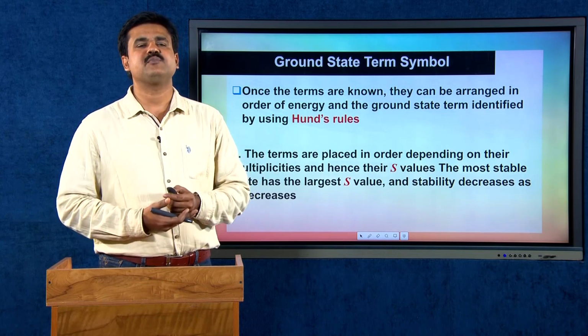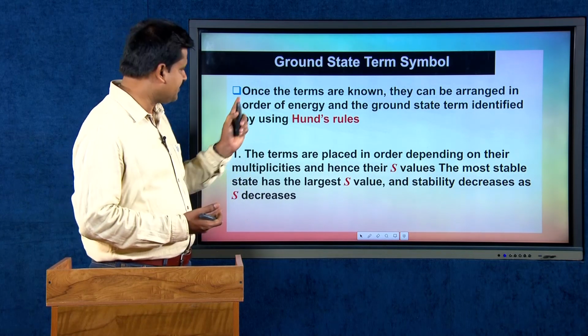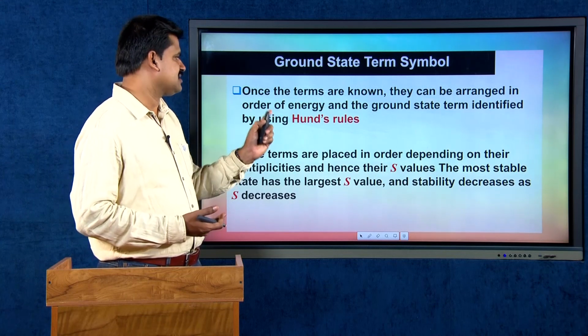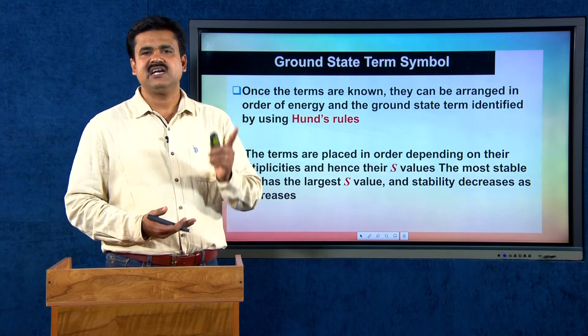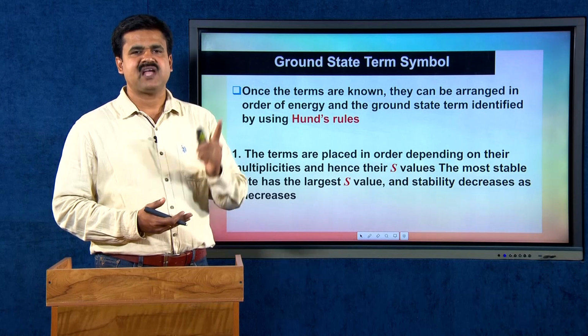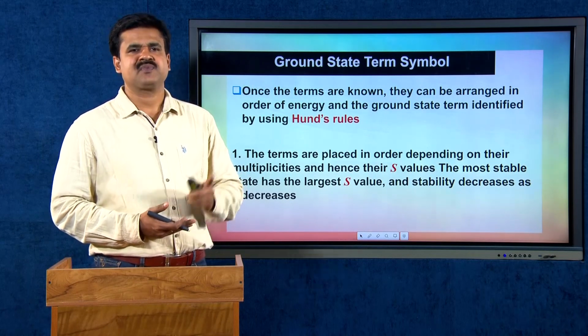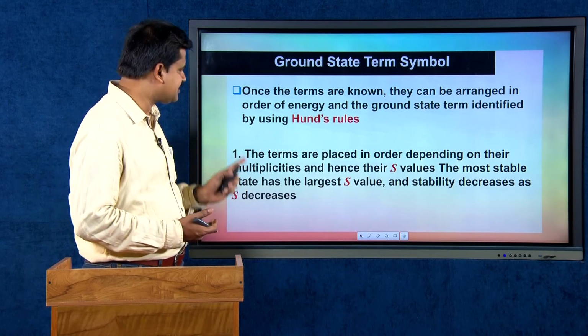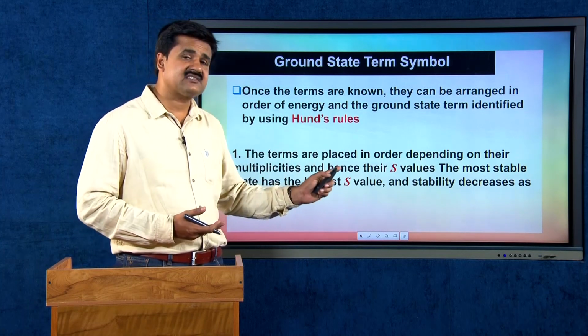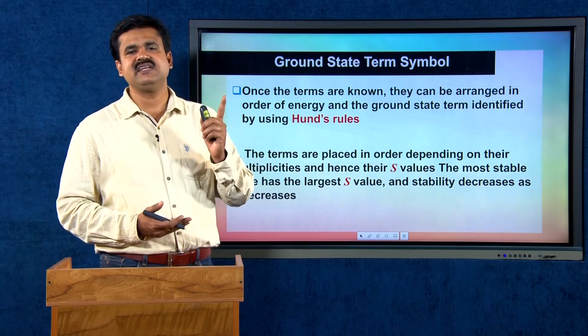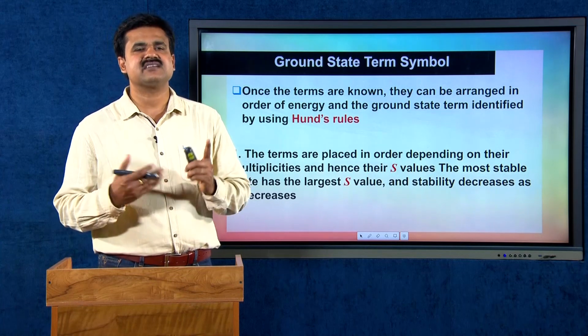What are the statements of Hund's rules? The first one, the terms are placed in order depending on their multiplicities and their S values. The most stable state has largest S value and stability decreases as S decreases.